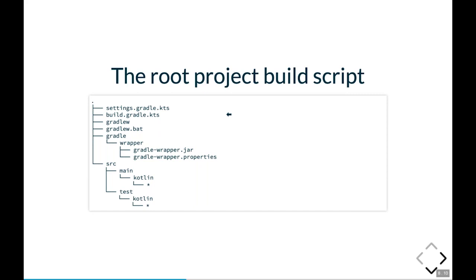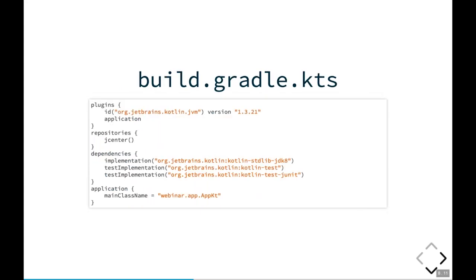The second file, build.gradle.kts, is the root project build script, so it's the build script for the root project. And we'll have a quick look at it. We see here that we apply plugins, and if we just read that, it says we apply the plugin with the Kotlin JVM ID and the version, and the application plugin. We're basically configuring a Kotlin JVM application as we selected with the Gradle init.